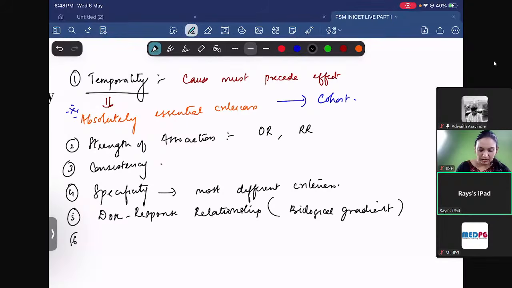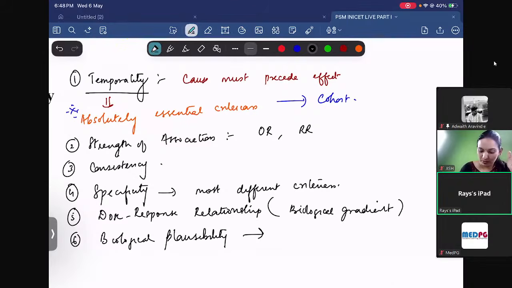Now, the next one is biological plausibility. That means whatever association you are trying to define is consistent with the existing biological knowledge. If I say lung cancer is caused by smoking, I should have some biological knowledge or proof behind that to establish it.